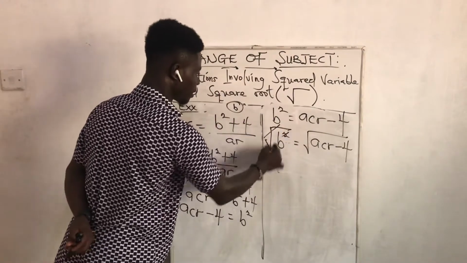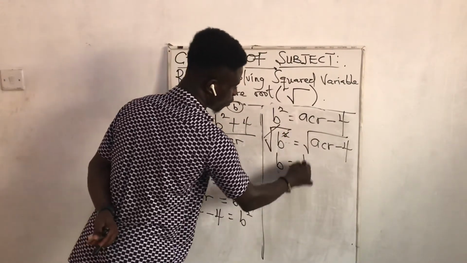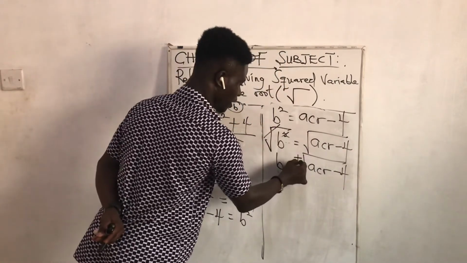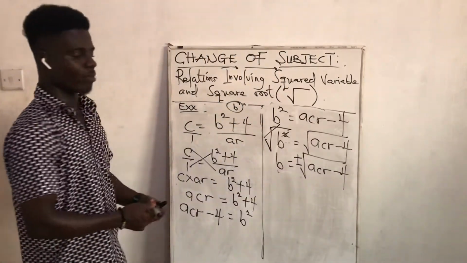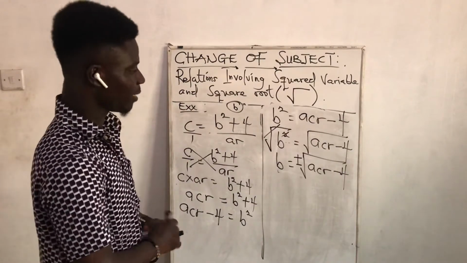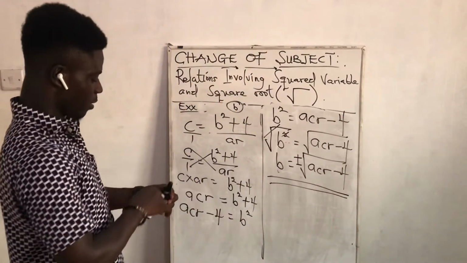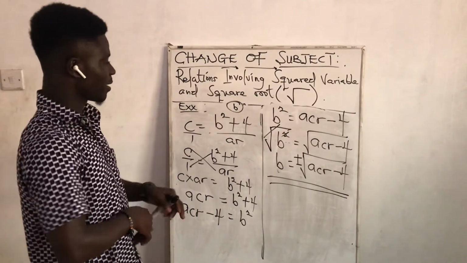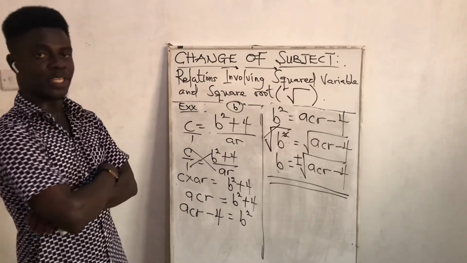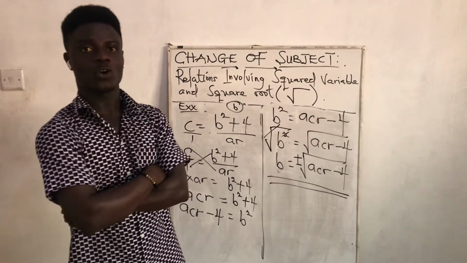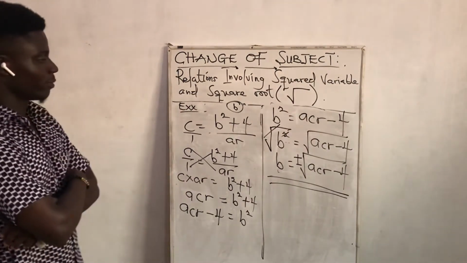So this one cancels. I have b equals square root of acr minus 4, plus or minus. So that's the answer for making b the subject, or for making b stand on its own.